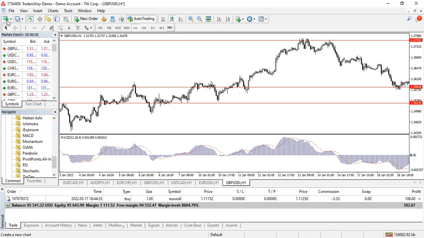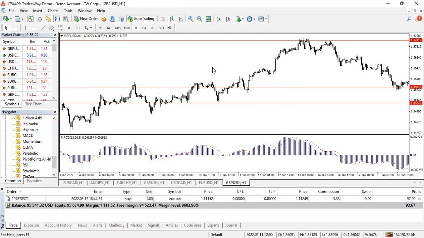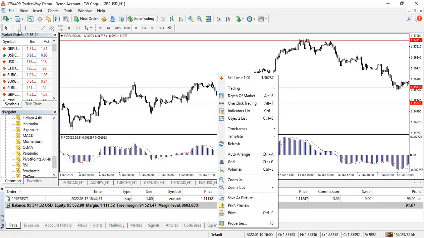Why is it not inserting? Inserts text. Oh, the color is in white.